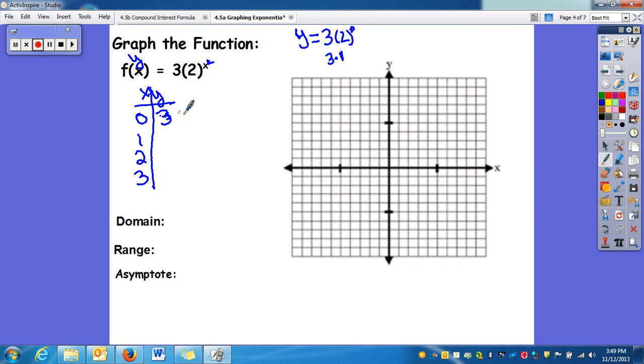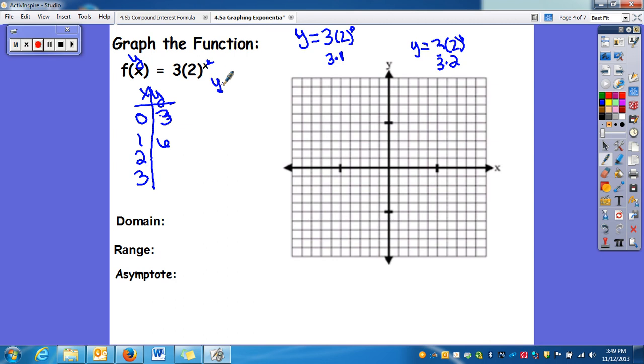Then I'm going to do my next one. y equals 3 times 2 to the first, that's 2. 2 to the first is 2. I always do my exponents and then multiplication, which is 6.